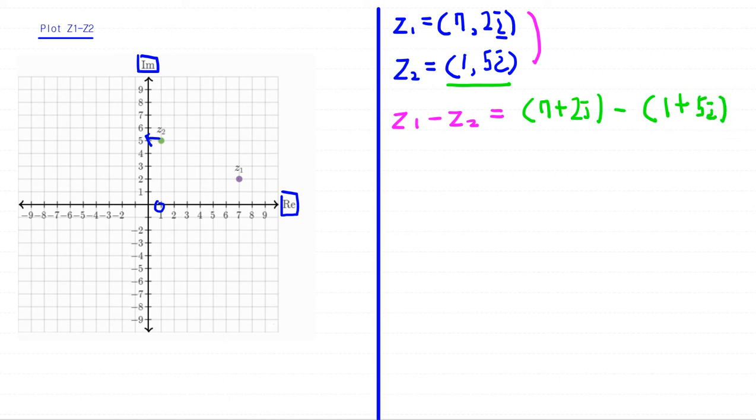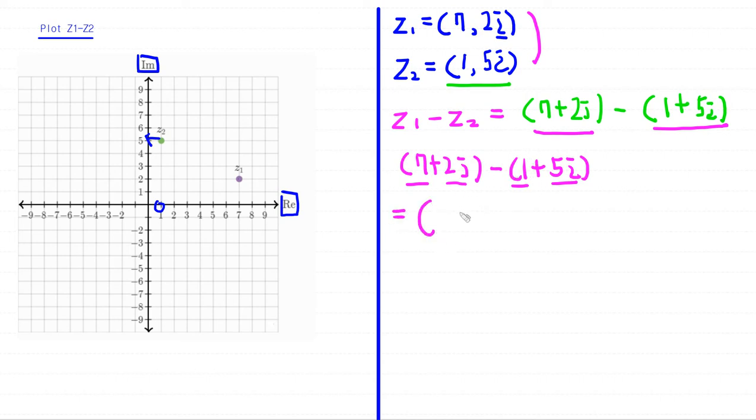If we simplify this expression a little bit more, we learned that in 7 plus 2i minus 1 plus 5i, we can only combine numbers that are like terms. So we can only combine 7 with 1, and 2i with 5i. 7 minus 1, the x part, the real values, is equal to 6.